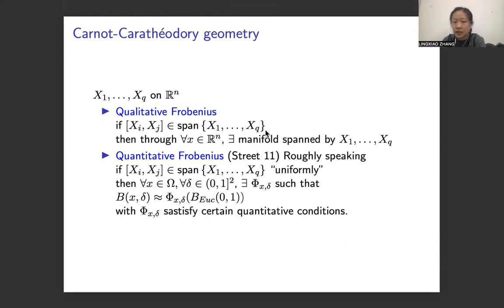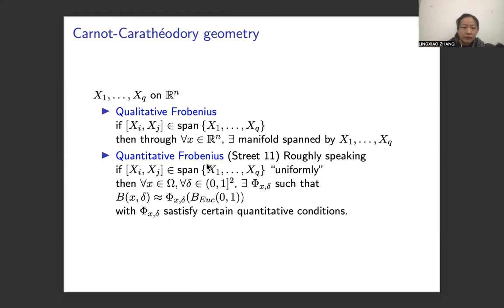Then through every point x, there exists a unique manifold whose tangent spaces are always spanned by x1 through xq. So in other words, if the vector fields satisfy this involutive condition, then we can foliate the domain into leaves.